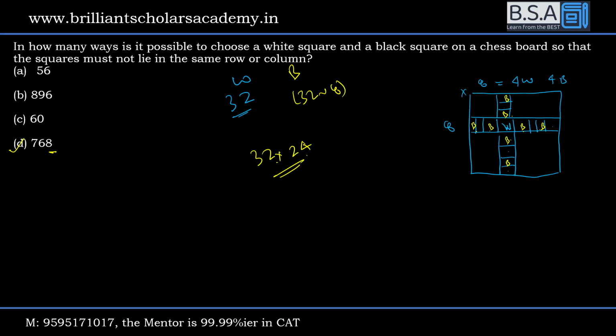Is the answer and approach clear to you? Just multiply and check. I have not verified options. 32 into 24, 768. Yes.